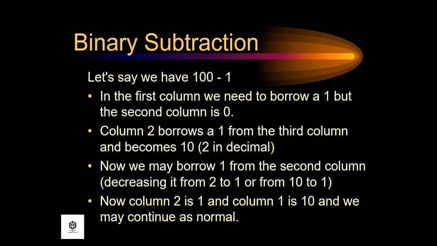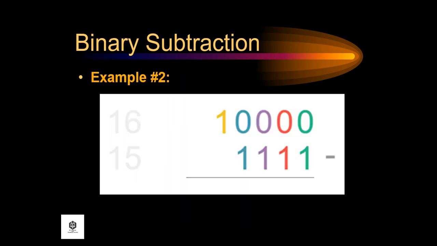Column 2 borrows a 1 from the third column and becomes 10 or 2 in decimal. Now we may borrow 1 from the second column, decreasing it from 2 to 1 or from 10 to 1. Now column 2 is 1 and column 1 is 10, and we may continue as normal.